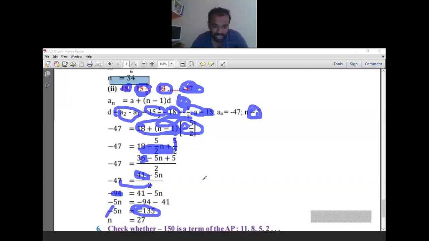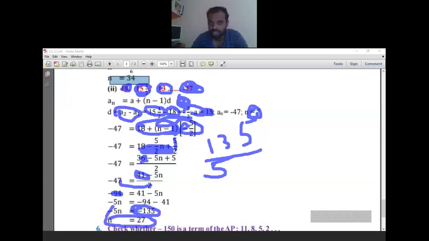In the last step, send this 5 to the right hand side: 135 divided by 5. So n is equal to 27. How many numbers are there here? There are 27 numbers.